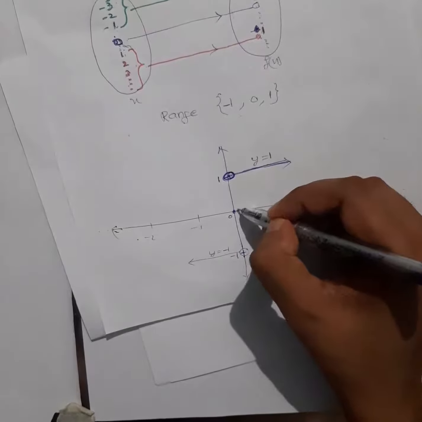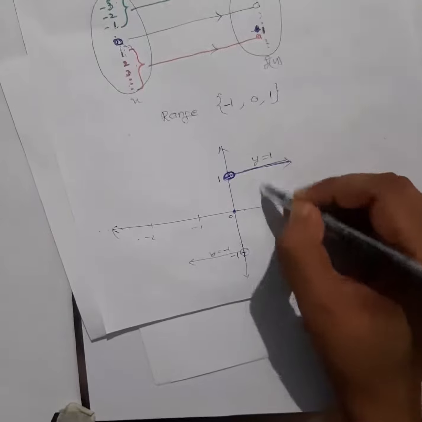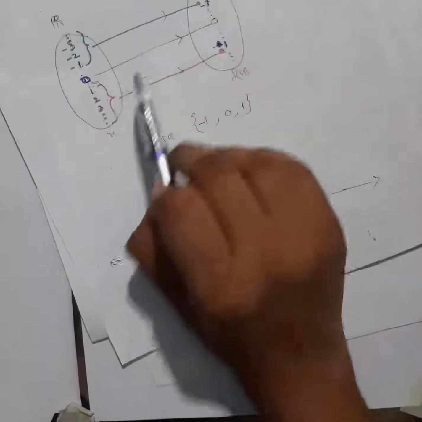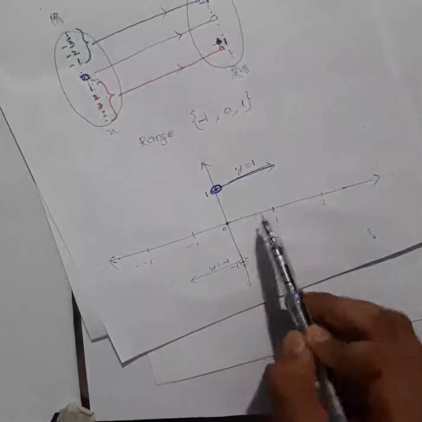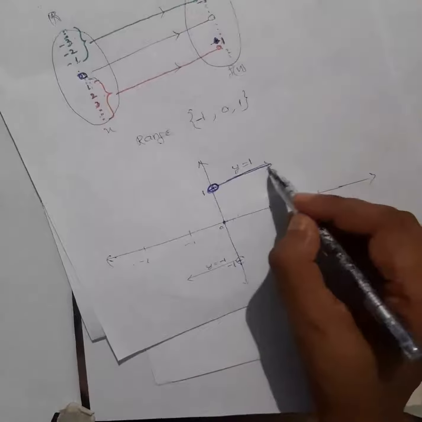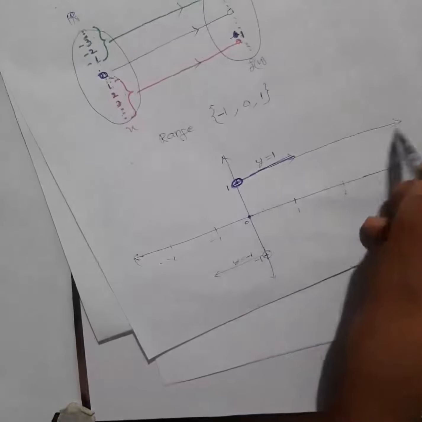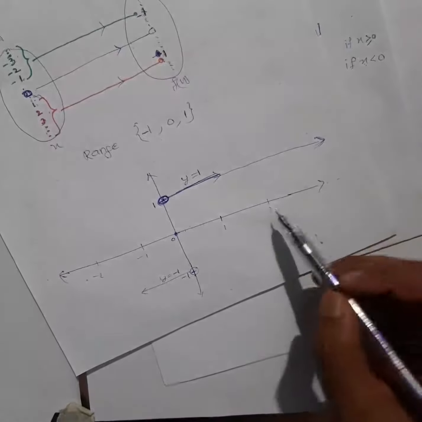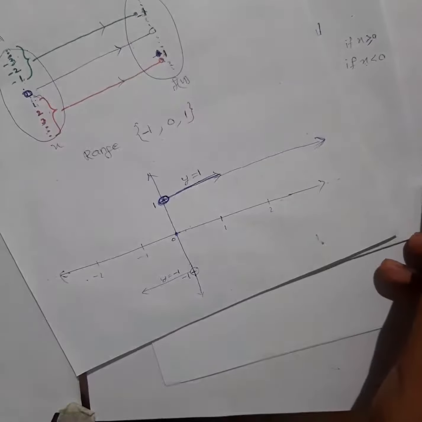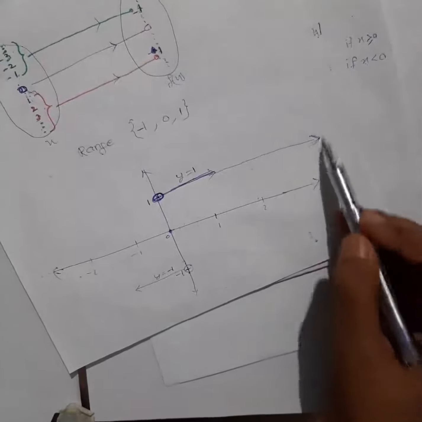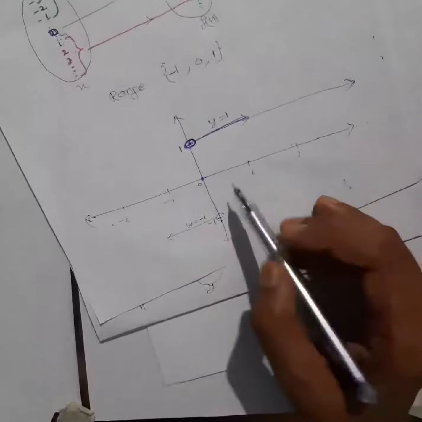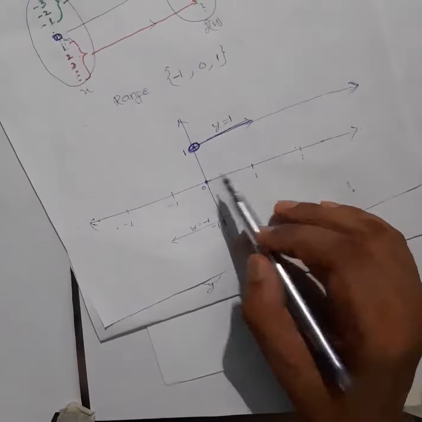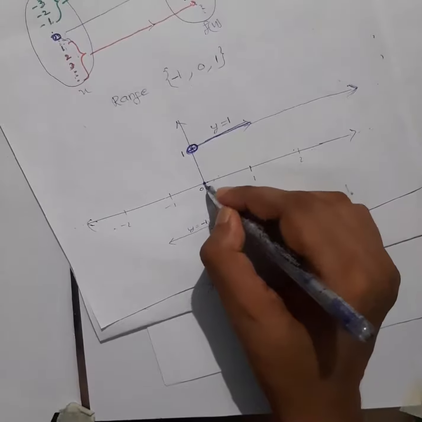So your output will always be 1, 1, 1, 1. You can see x whatever I take greater than 0, your y will always be 1. So the graph will be something like this, always a straight line, like it will go on. Arrow sign means it's never ending. So if you go till infinite x, your y will always be 1, a constant function. When you take x equal to 0, your y also will be 0.